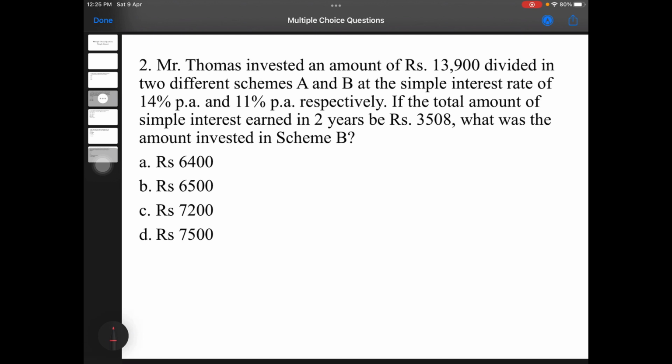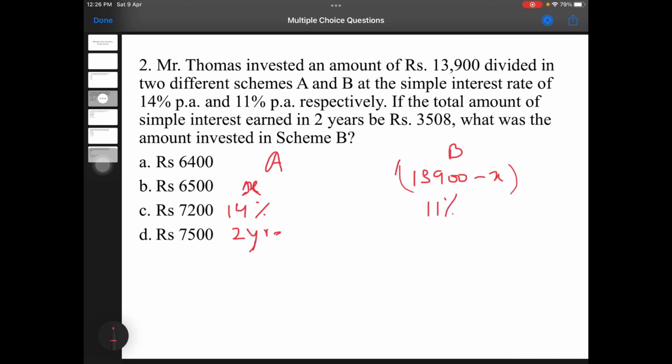So here in this question, Mr. Thomas invested 13,900 in Scheme A and Scheme B. Let's say this is Scheme A and this is Scheme B, and in Scheme A he invested X amount of money, and in Scheme B he invested 13,900 minus X. The total amount minus the amount he invested in Scheme A gives the amount in Scheme B. In Scheme A he's getting 14% interest rate for 2 years.